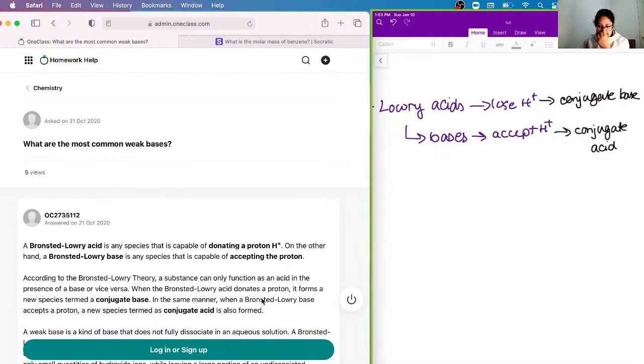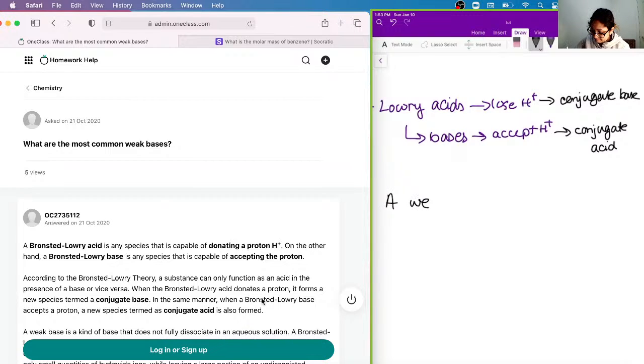And so basically what we're trying to find for this question is, what are the most common weak bases? A weak base is a kind of base that does not fully dissociate in aqueous solution. So let me write that down.